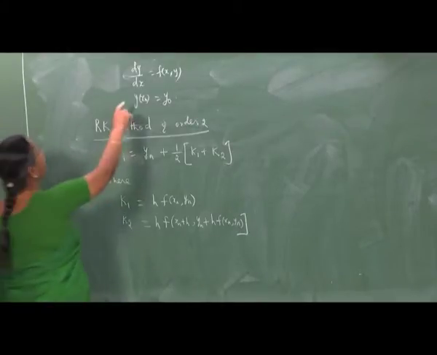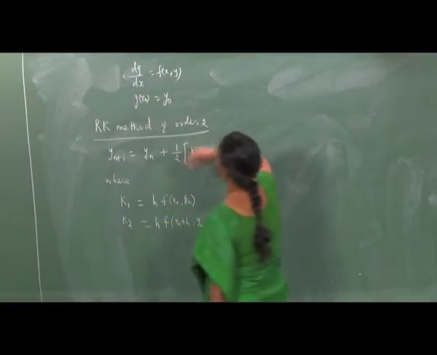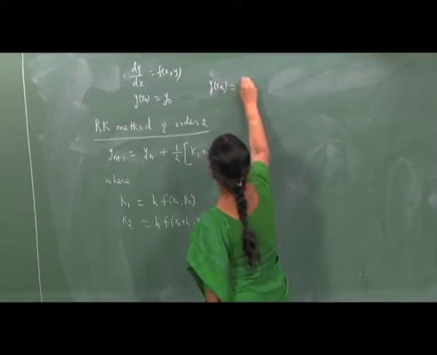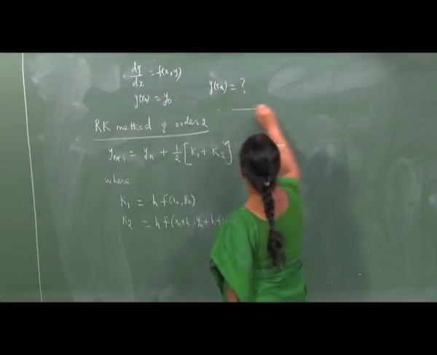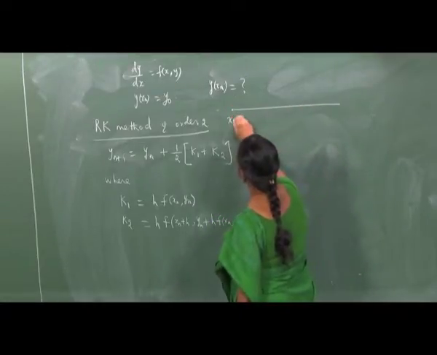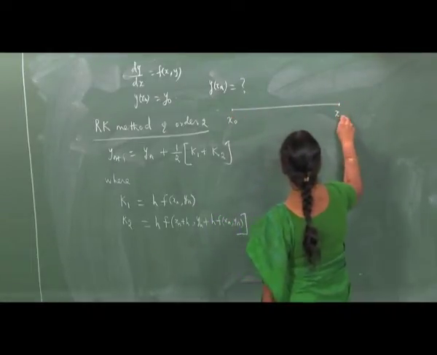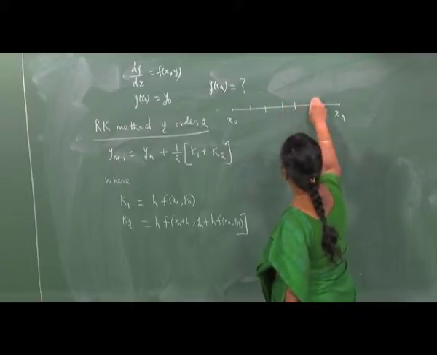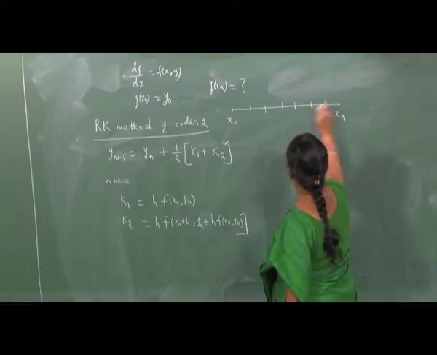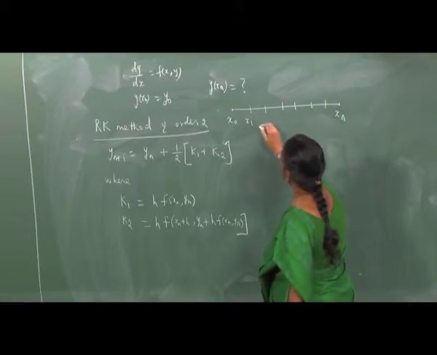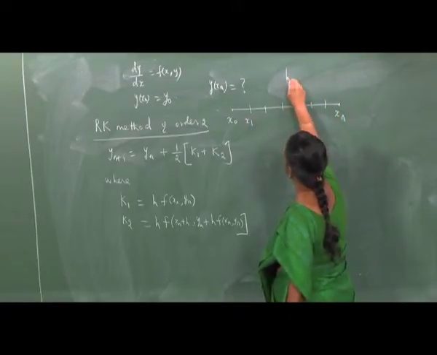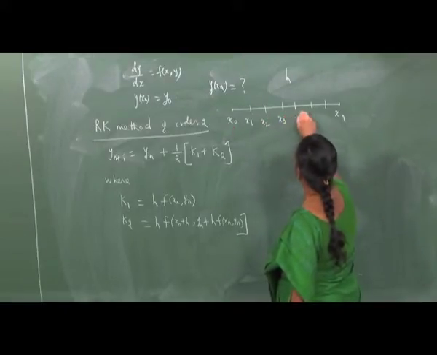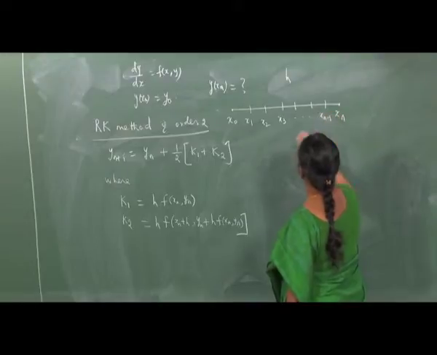So, given the initial value problem, we are required to compute the solution say at xn. So, we divide the interval x naught to xn into n equal subintervals of width h by means of points x1, x2, x3, etc., xn minus 1.